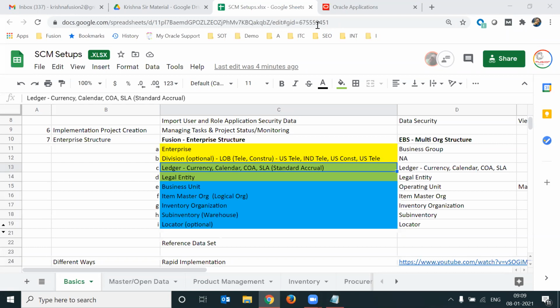Krishna, when we go for a fresh implementation, suppose we are going to meet a client, what considerations should we keep in mind before going into the meeting? Like we should know how many warehouses there are and so on.